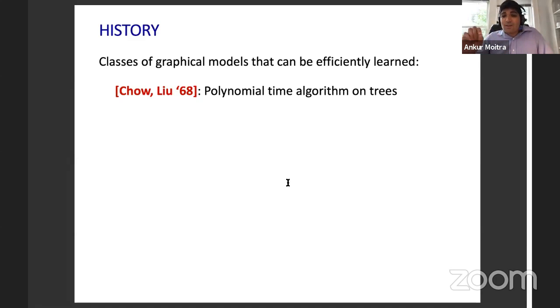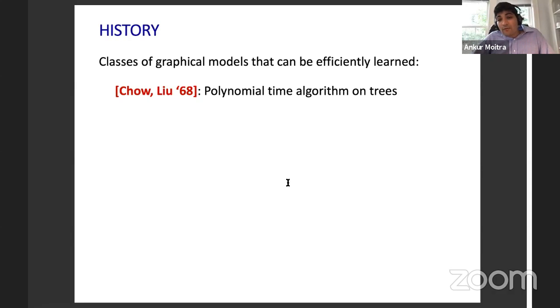So there's just a single node that acts as a separator between i and j so that they become conditionally independent. And you can actually leverage that conditional independence structure, and that's what the Chow-Liu algorithm does. What it does is it defines a notion of mutual information between pairs of nodes, and it just greedily chooses the edges that have the largest mutual information, and that actually provably recovers the underlying tree structure.